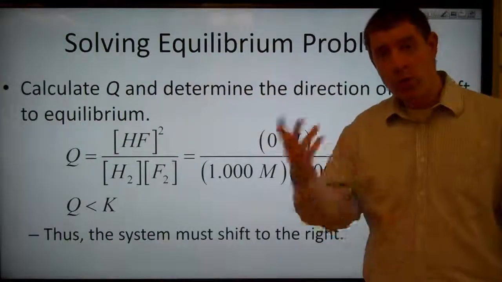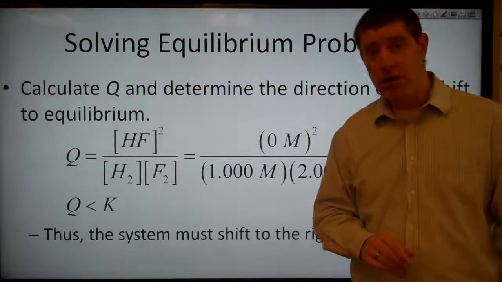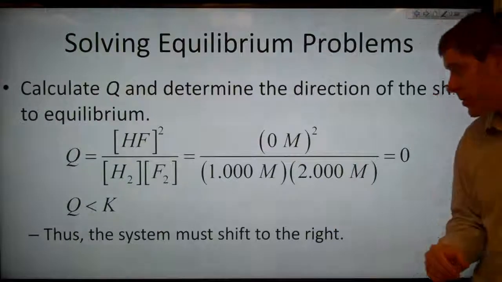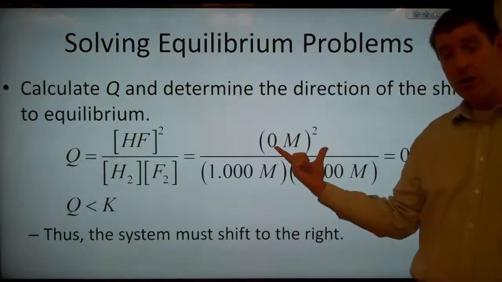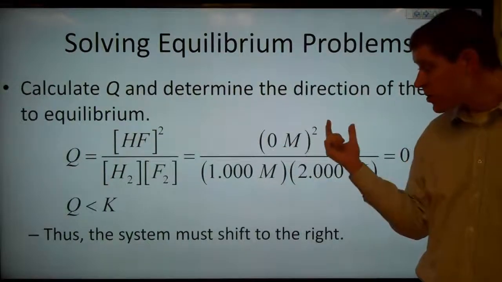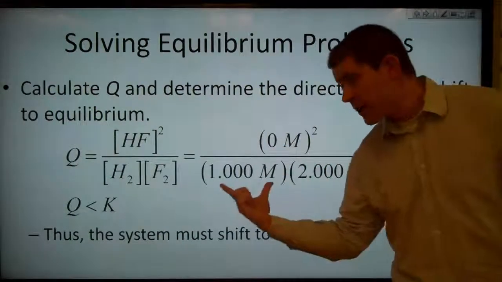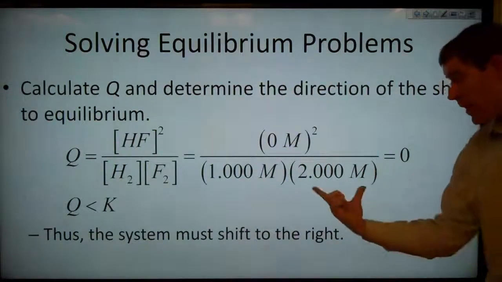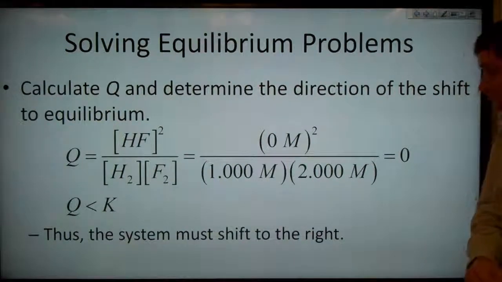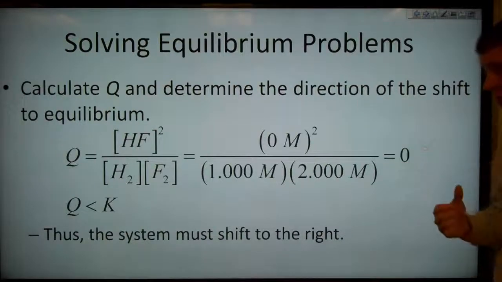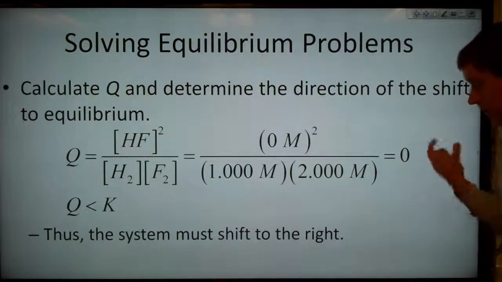For Q, we don't have to plug in the equilibrium concentration. So now our value of Q is equal to our concentration of HF squared, so 0 molar squared, divided by our concentration of hydrogen, 1 molar, times the concentration of the fluorine, 2 molar. And that means that now we have 0 molar divided by 2 molar, which gives us 0.